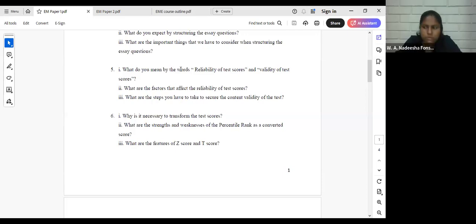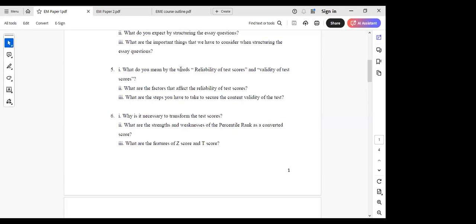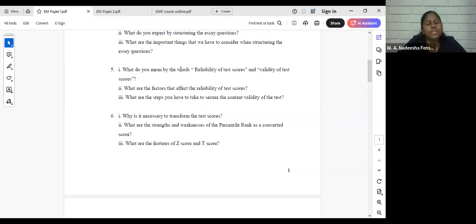Yes. Z score is a standard score, and Z score depends on what? It is defined by using the mean and standard deviation of the students.